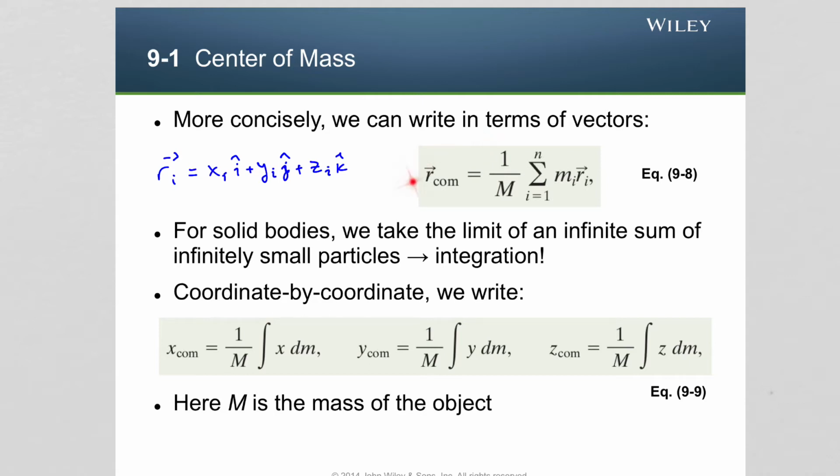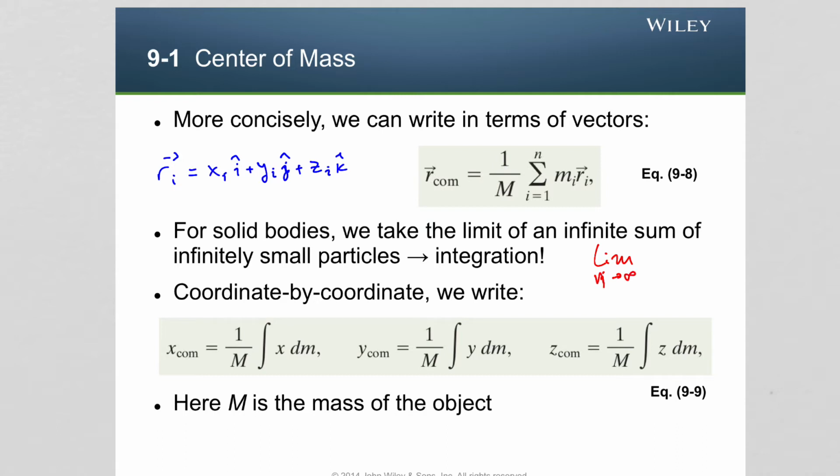This result here can be generalized for a solid body that consists of an infinite number of particles. To be able to calculate the position of the center of mass, we must replace the sums with integration. So that happens by taking the limit when the number of particles n approaches infinity.